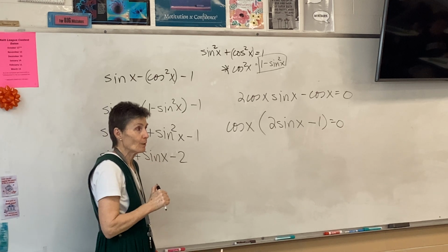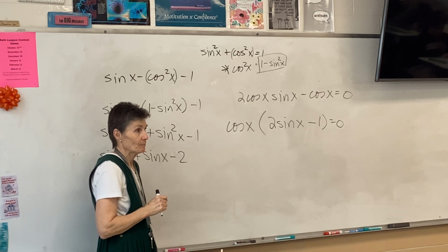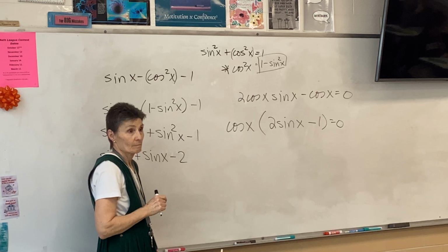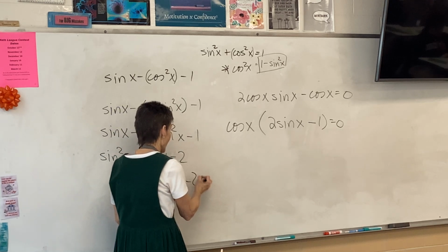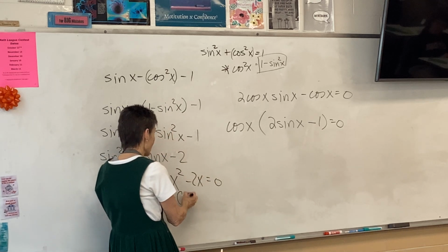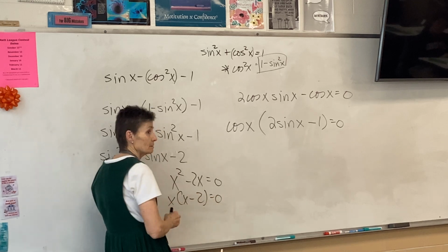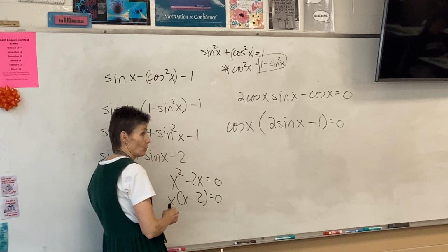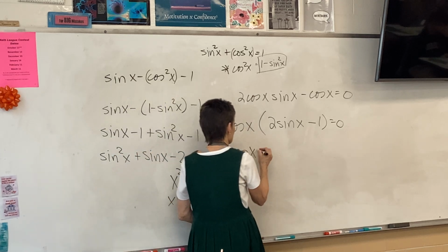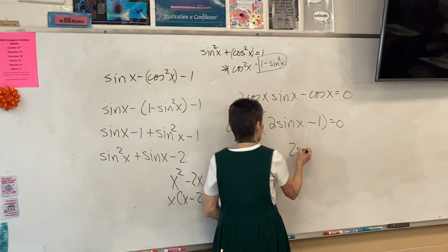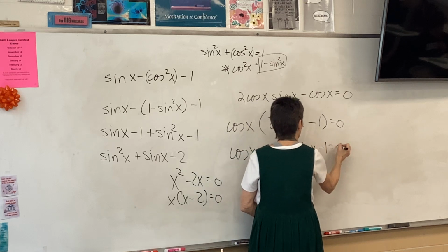What do you do after you have factored? Like if we had x squared minus 2x, and you factored out an x, what would you do next? You set them equal to 0. So cosine x equals 0, and 2 sine x minus 1 equals 0.